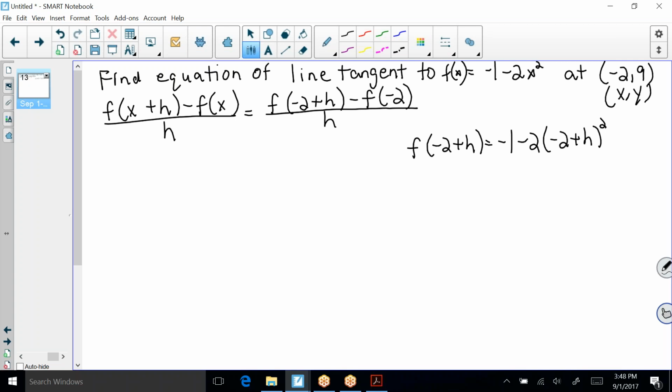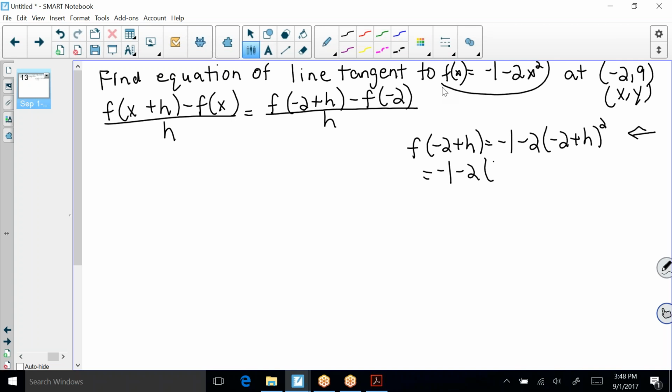F of negative 2 plus h means I'm going to find the function called f, which is this function right here, and I'm going to take negative 2 plus h and plug it in there for x. And that's what I showed here in this step right here. And now I have to simplify this. So I have negative 1 minus 2, and then you should have squared the negative 2 plus h, so FOIL that out.